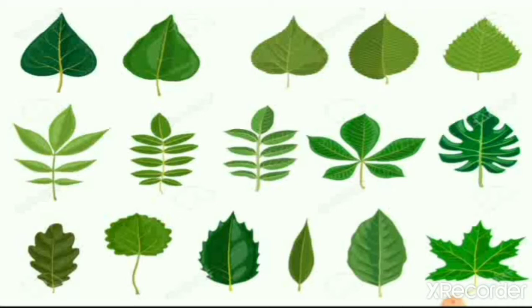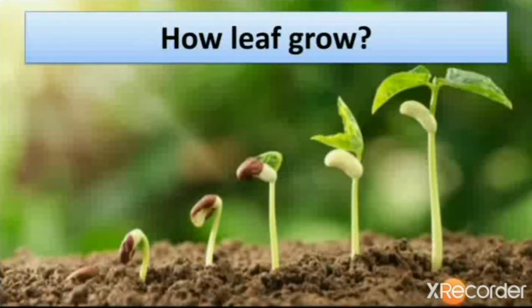You can see here the color of leaf is different and shape of leaf is different. First we need to learn how seed grows in plant, which we learn in further lectures. So here we learn about how leaf grows.